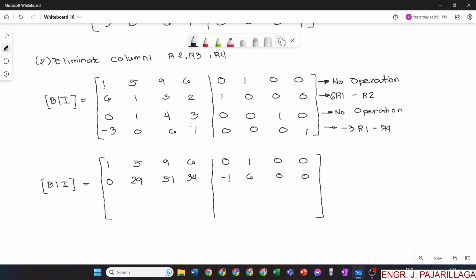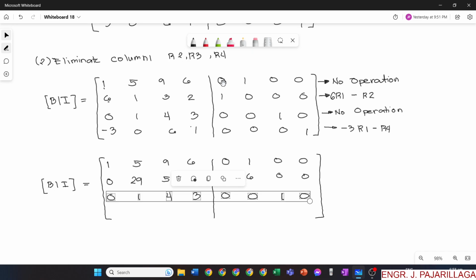For row 2, there is no operation. Pwede natin siyang i-copy and paste na lang. Right? So for row 3, there is an operation, negative 3R1 minus R4. So negative 3 times 1 minus negative 3 rather, that is 0.